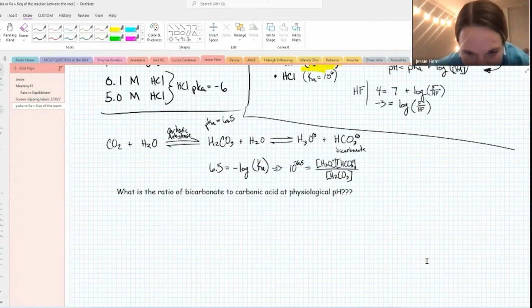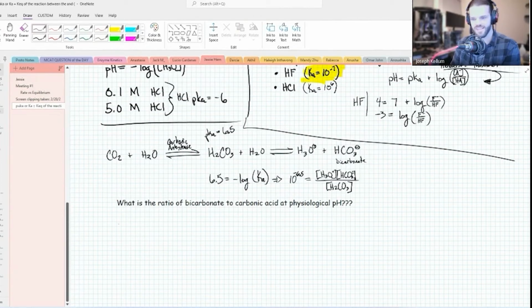Ratio of... we can do the same thing we did before, with the more complicated problem. Yeah, because that's the question: what is the ratio?